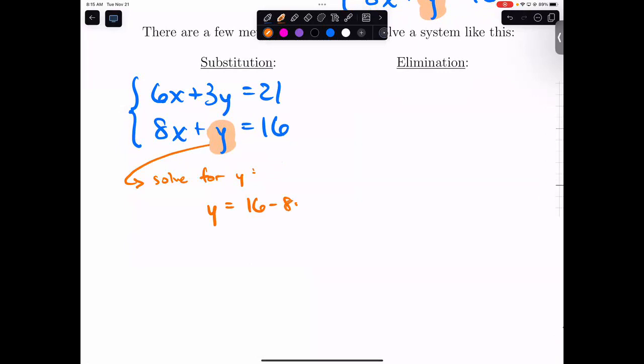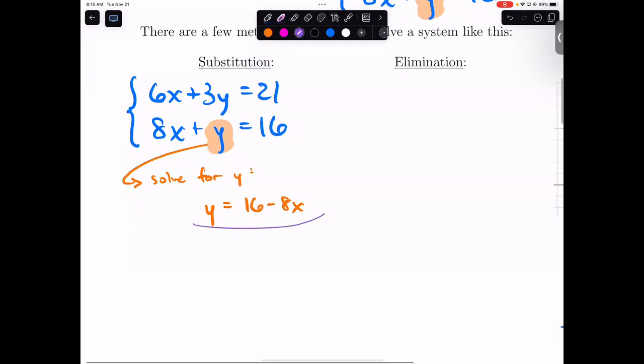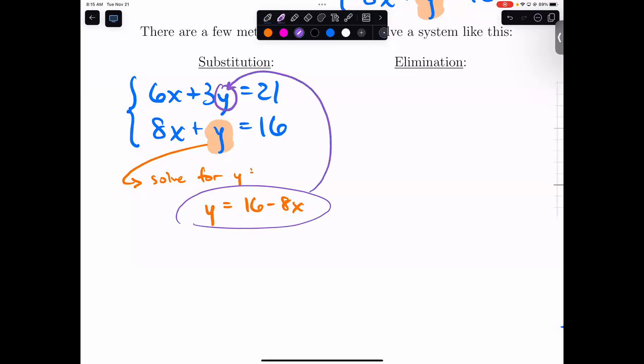Okay, so y is 16 minus 8x. Then what? Then the other equation will be 6x plus 3 times 16 minus 8x. Go to the other equation, and in place of y, I'm going to put 16 minus 8x.